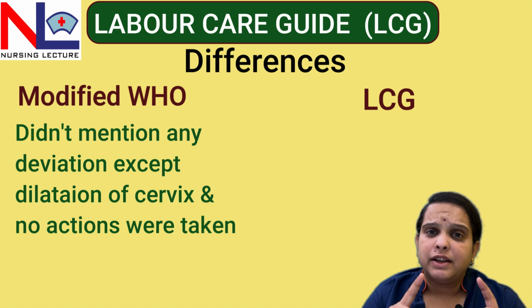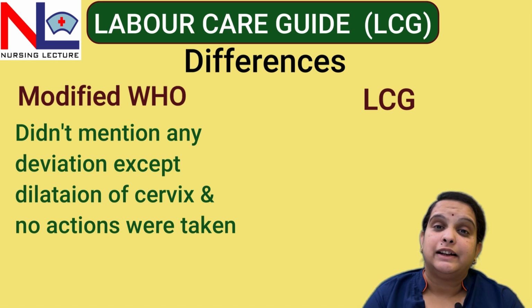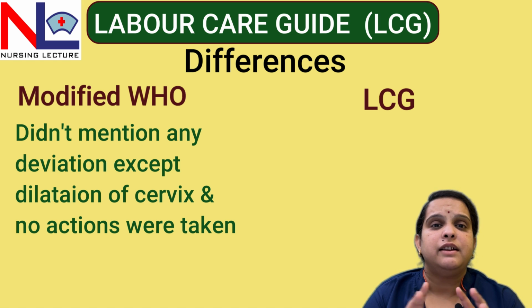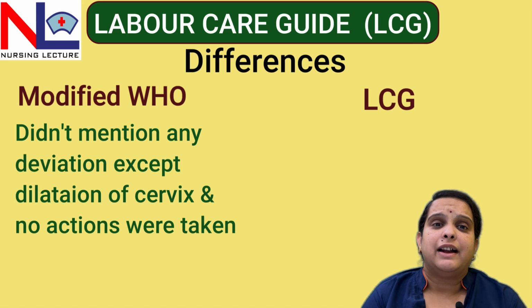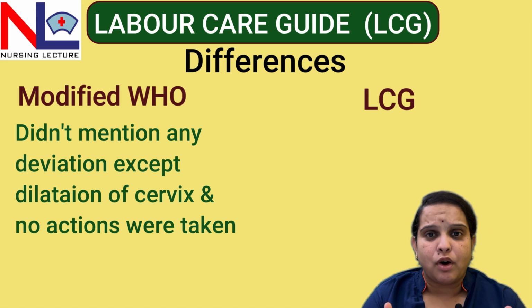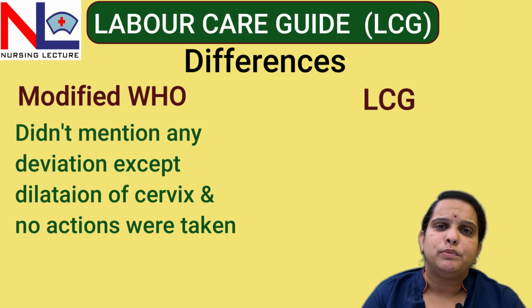That is, when we record the cervical dilatation on the alert and action line, that deviation is found to be abnormal if any complication happens. And for the rest of the findings, if they go abnormal or any deviation is found, no action would be taken.